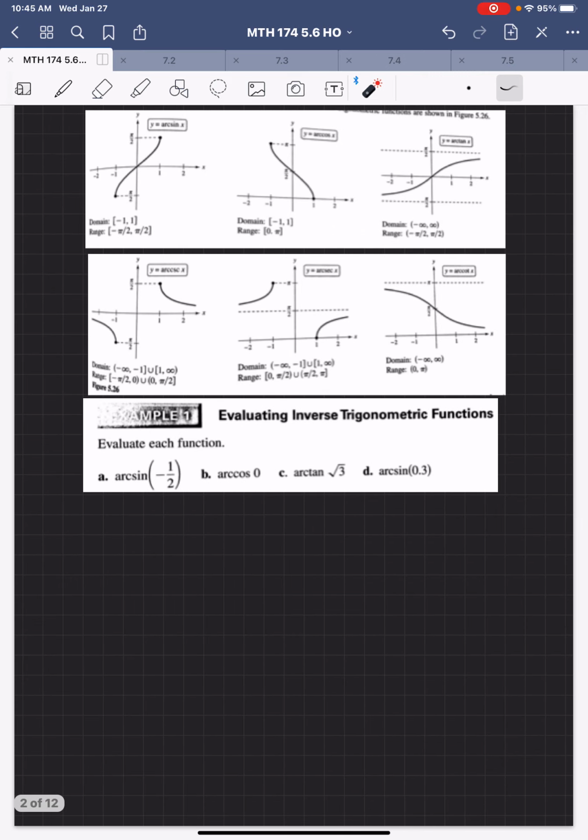So really quickly, I'm not going to stay very long on example 1. How would we translate arcsine of -1/2? What do we do here? How do we evaluate arcsine of -1/2?